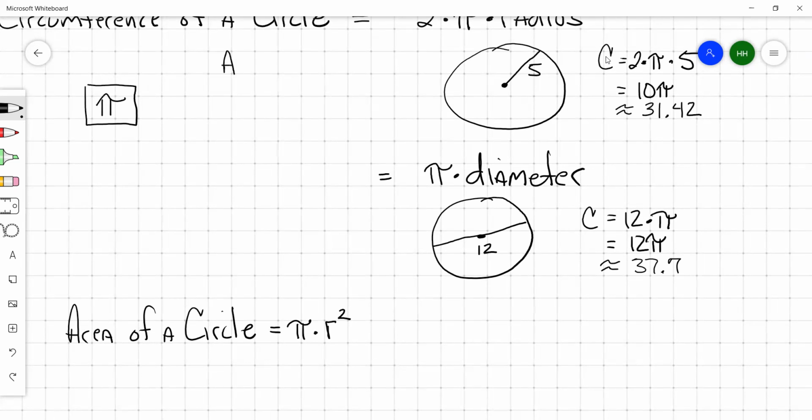This area is going to be equal to pi times 5 squared. 5 squared is 25, so here's 25 pi as the area in terms of pi. In the calculator, that means 25 times the pi button, which is 78.54.